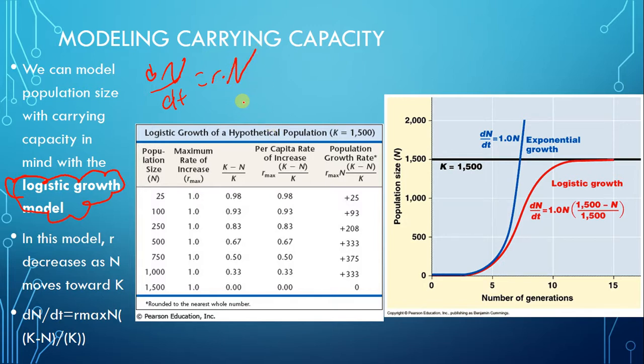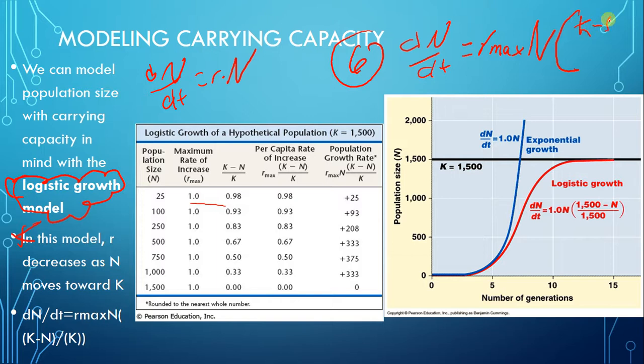We changed it to take into account this factor, that r decreases as N moves towards K. And we get, I'll call it equation 6, dN/dt equals r max times N, all of this multiplied by (K minus N) divided by K.